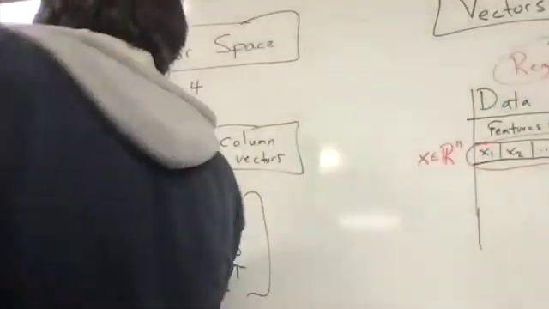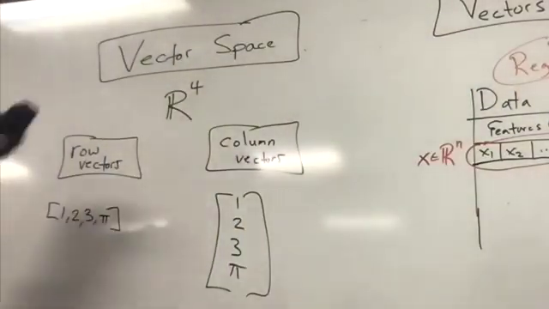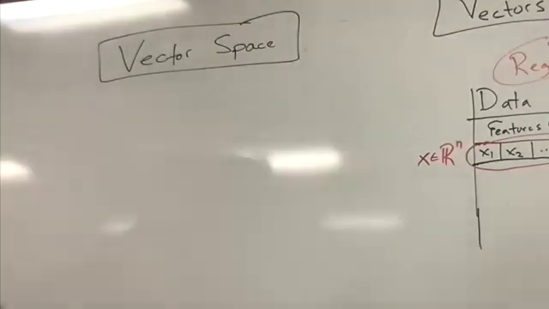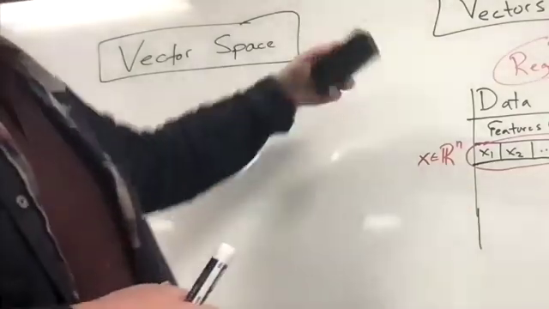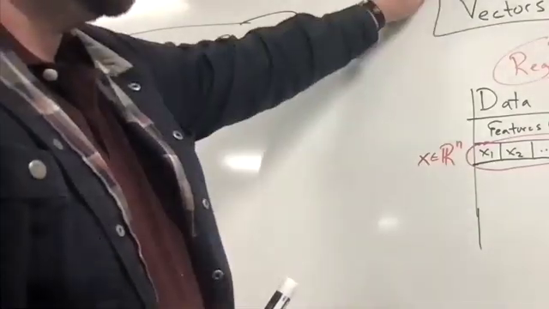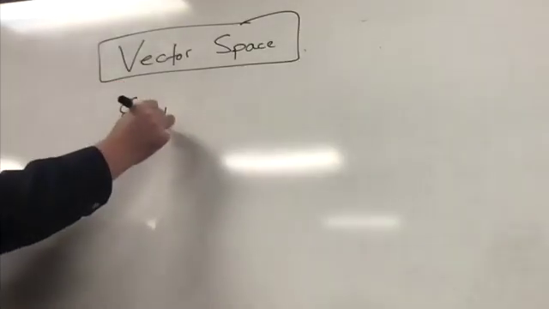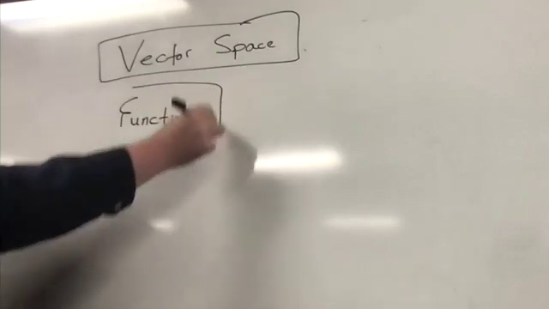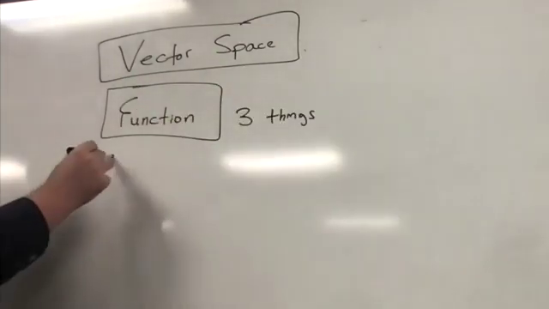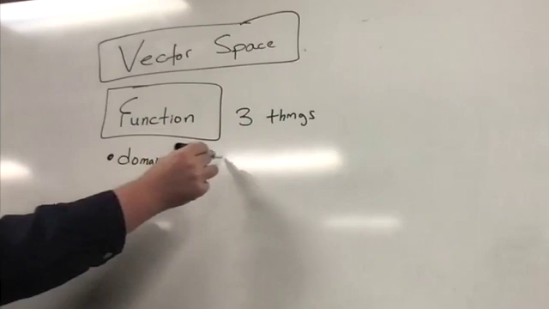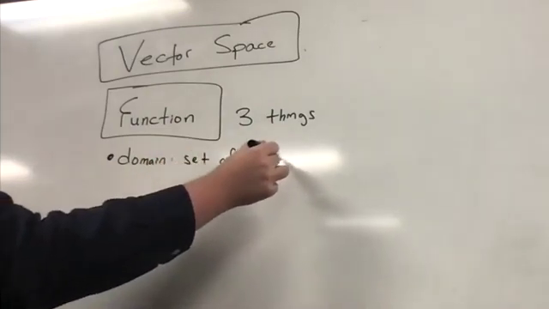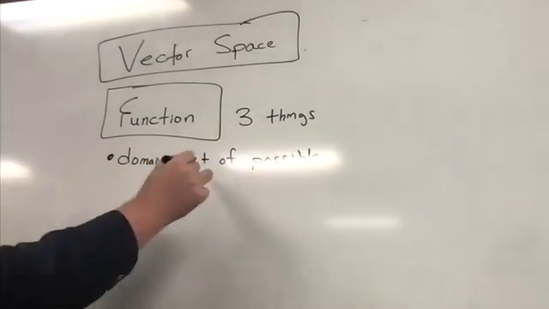So now, since we have R^n, since we have this vector space, we can define functions that take vectors as input and spit out real numbers. So to define a function, we need the domain, which is the set of possible inputs.